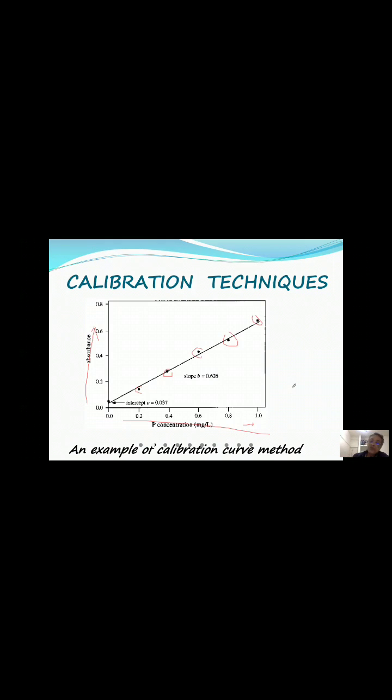Now, since B is a constant, you can draw the straight line. Once the straight line is drawn, you will get the slope. A is equal to ABC, where the other terms are constant. Here, the lowercase a is the molar absorption coefficient, or extinction coefficient if you prefer, and C is the concentration.